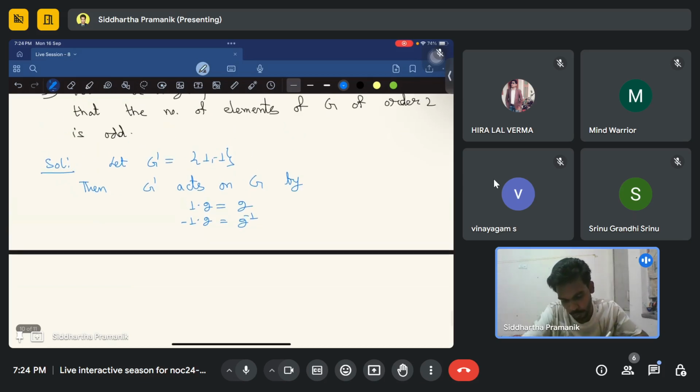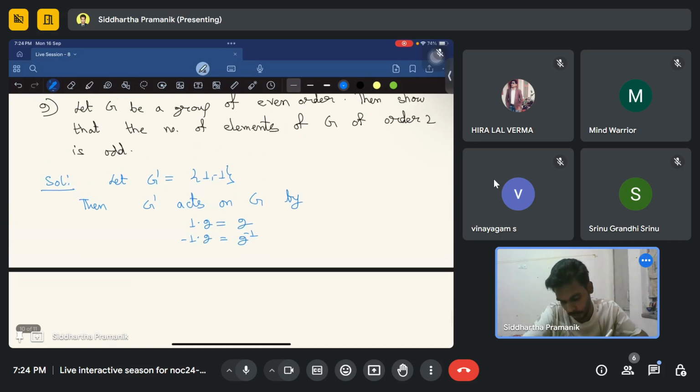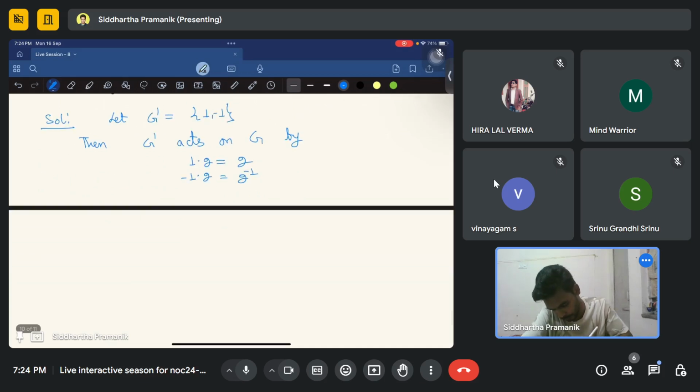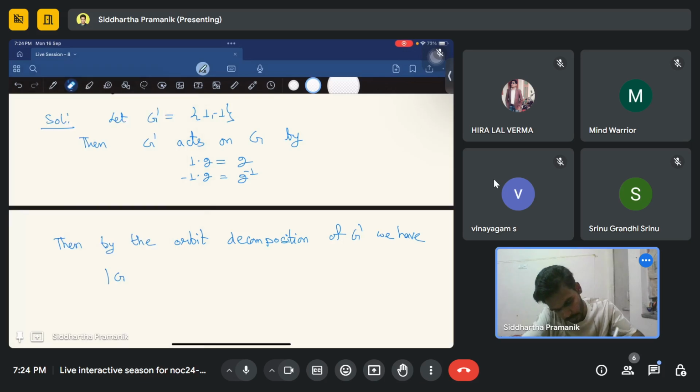Now let's try to find the orbit decomposition or class equation of the group action. Then by the orbit decomposition of G, we have the cardinality of G is equal to the sum of the cardinalities of the distinct orbits, right?